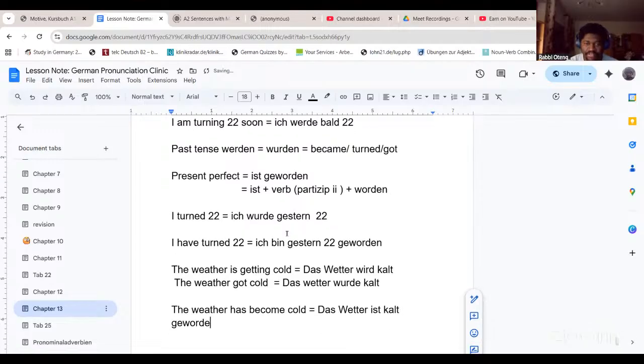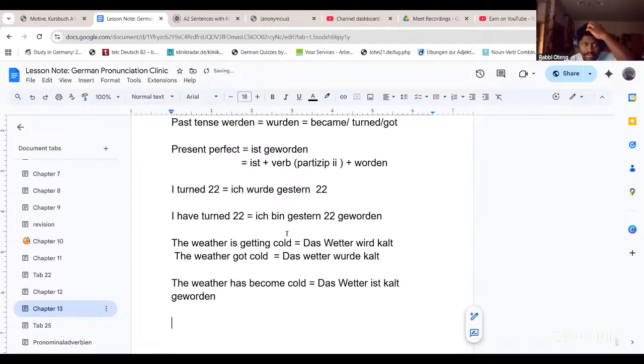So it's not difficult, oder? In all these sentences, there is no other verb aside from werden itself, getting something, something becoming something. But this is common.